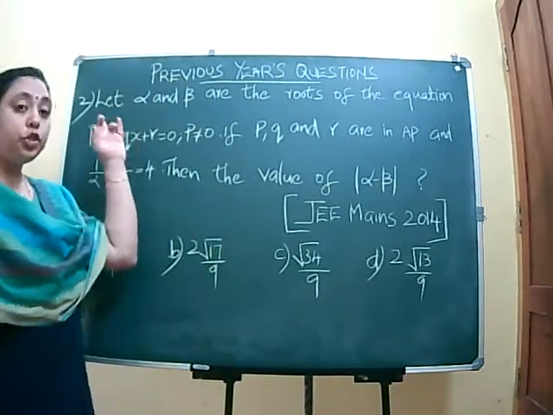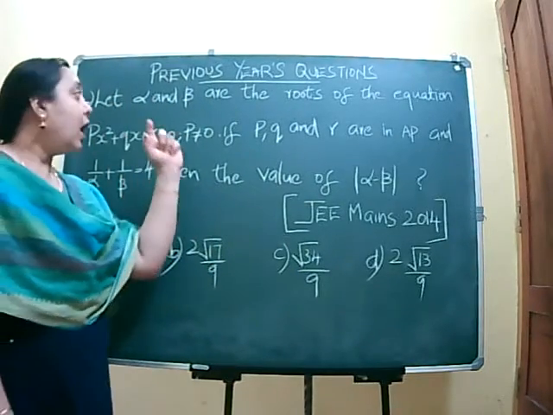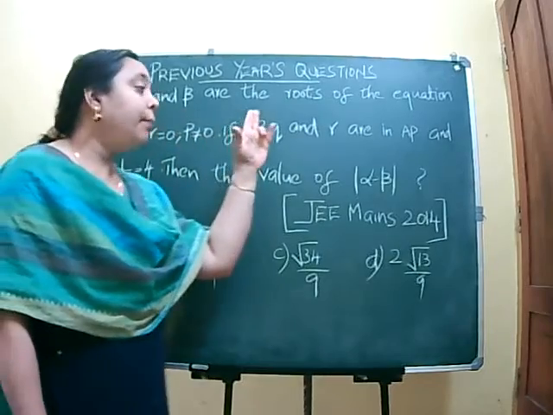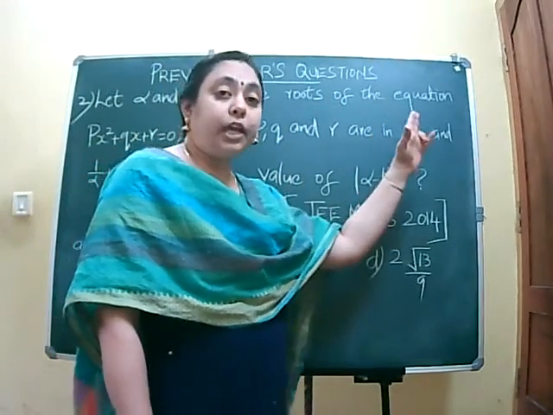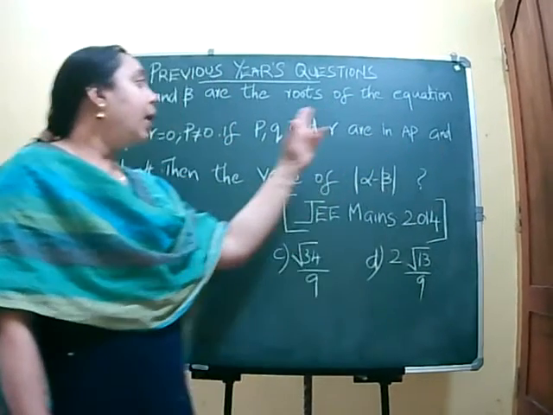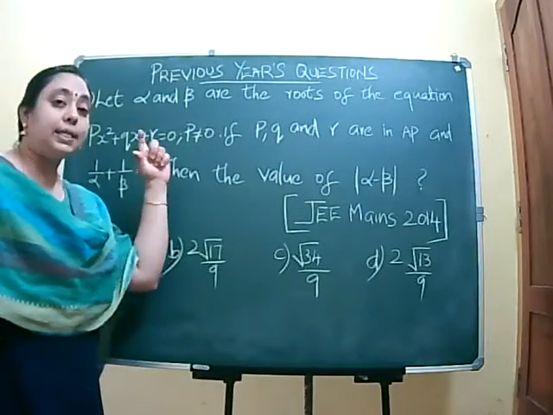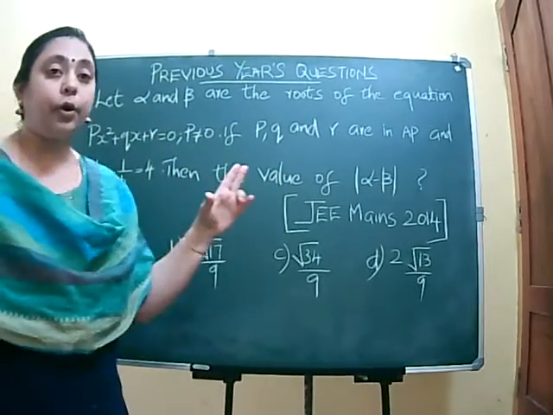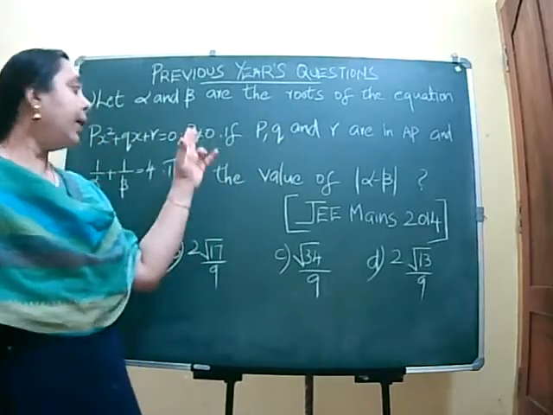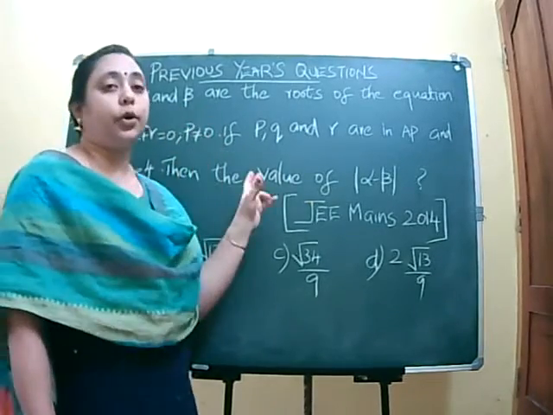Question number 2. Let alpha and beta are the roots of the equation px square plus qx plus r is equal to 0 such that p not equal to 0.